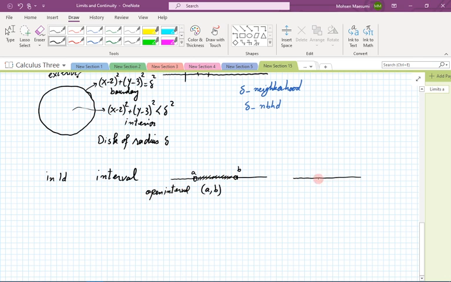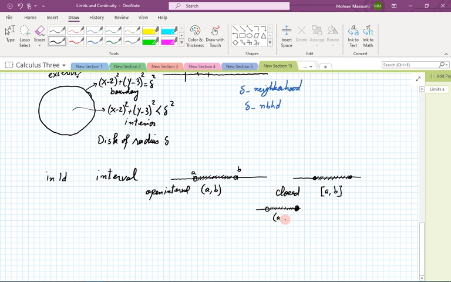Then you have, of course, the closed interval. Closed interval has a different notation. So we have A and B included in our set. That's referred to as closed. Of course, you can have a half and half situation. You can have one side clipped off, but the other side included, and then you are looking at this situation.